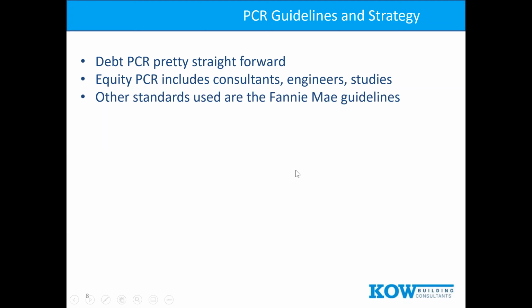Now, there are other standards that are used. For example, you'll hear us talk a lot about Fannie Mae guidelines. But the Fannie Mae guidelines are quite different than the ASTM guidelines. The ASTM guideline says, here's how you do a property condition report. The Fannie Mae guidelines, for example, have the Estimated Useful Life Table, EUL.